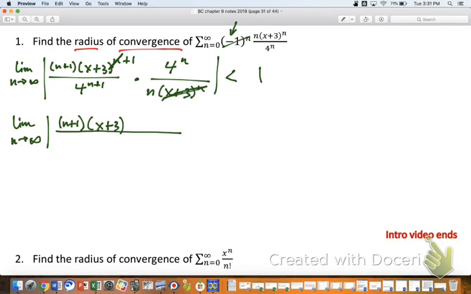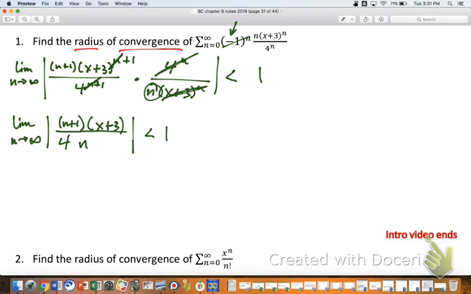And this 4^n would cancel with this 4^n, leaving me with just a 4. And then this n didn't go anywhere. Okay, so I think I've got everything handled there. Let me shorten this up a little bit, and I've got this still less than 1.